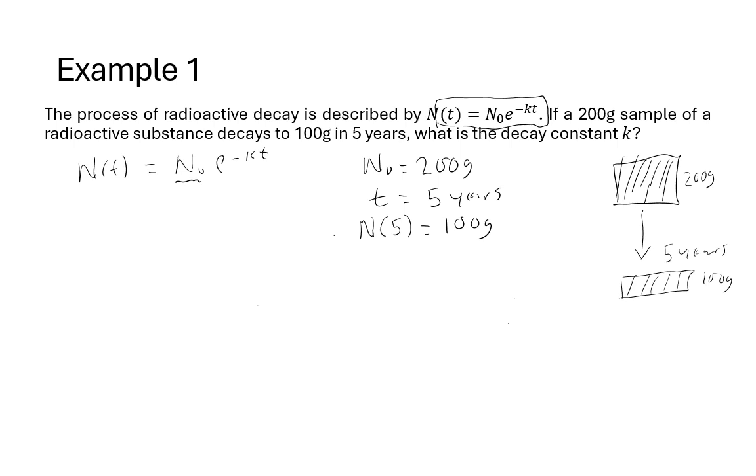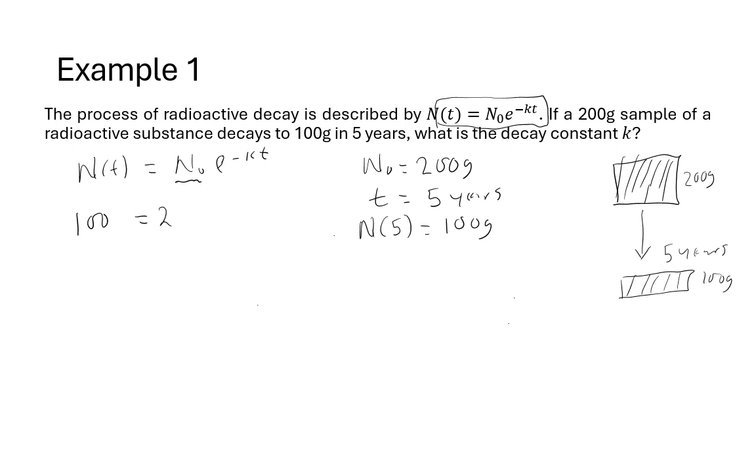So now we substitute all this back into here. You can see the only thing we don't have is this k, and that's what we want to find. So our N of t is N of 5 here, since t is equal to 5. So we'll have 100 gram. I don't want to write the gram, let's just write the numbers.